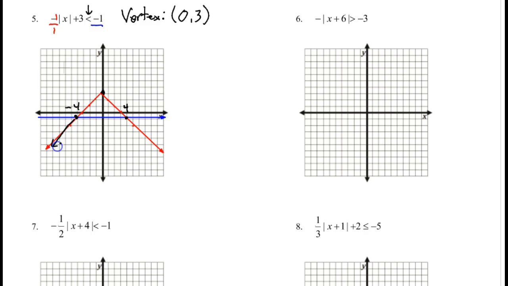All this graph over here. So all the x's going this way out, starting at negative 4 and going out this way, and starting at 4 and going up this way. And so we have x less than negative 4 or x greater than positive 4.